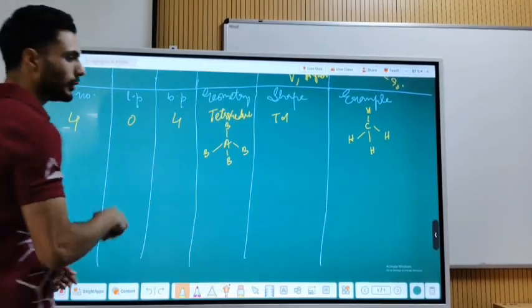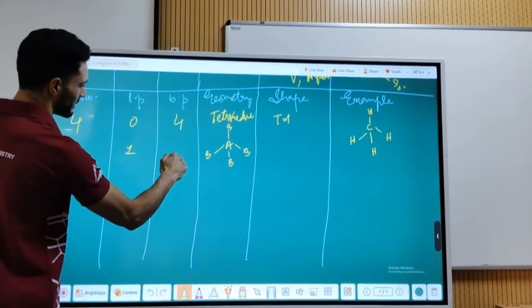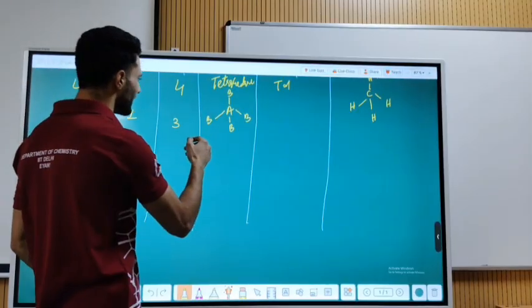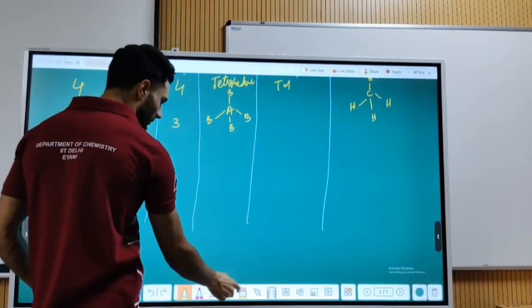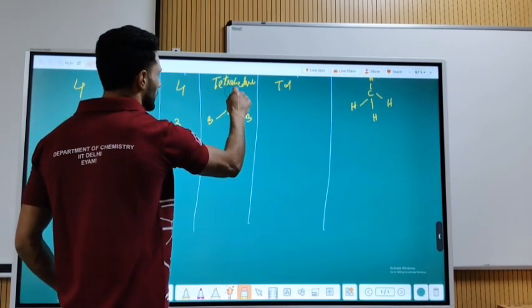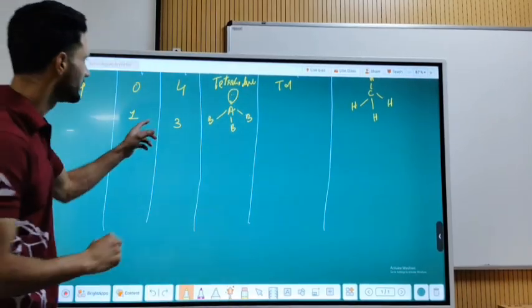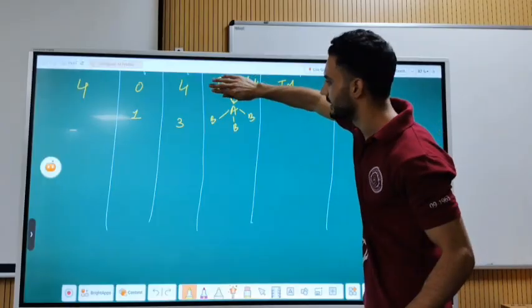Now, moving on to the next one, when the lone pair is 1 and bond pairs are 3. We have 1 lone pair, which means the geometry will be the same, tetrahedral, but one position will be replaced by a lone pair. So the geometry will be the same, but now the shape will not be tetrahedral.